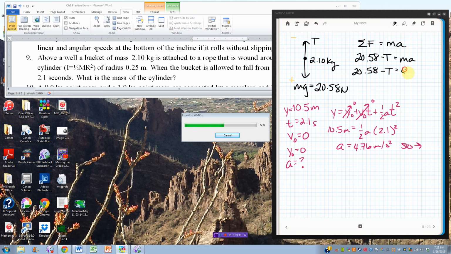Sorry, m is 2.1. Should have put that on the previous line. Times 4.76. The only thing I don't know here is T, which means I can just solve for it. So the tension is going to be 10.58 newtons.